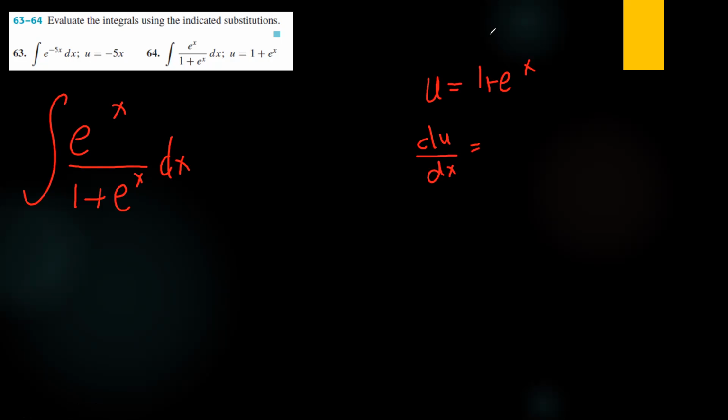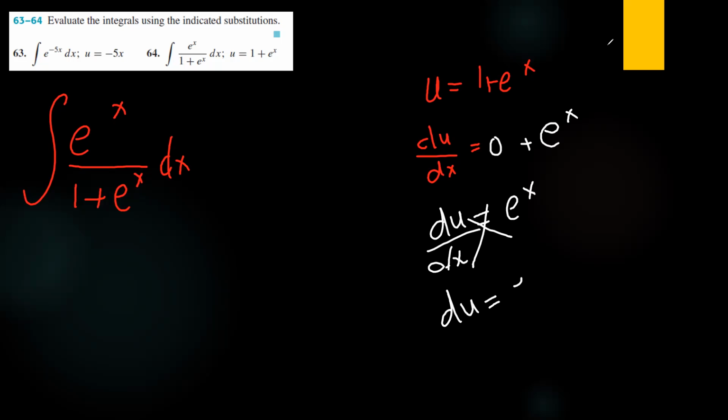What's the derivative of 1? 0. And what is the derivative of e to the power x? It is e to the power x, yes. So du over dx will be e to the power x. So du will be e to the power x dx.